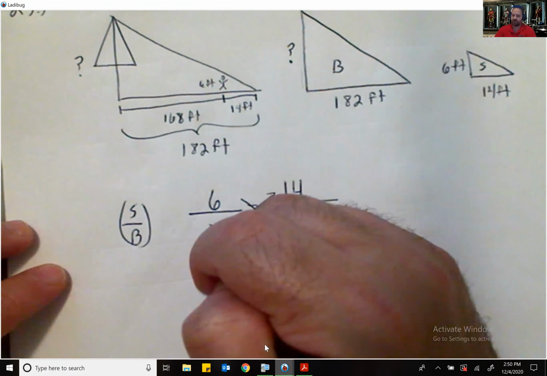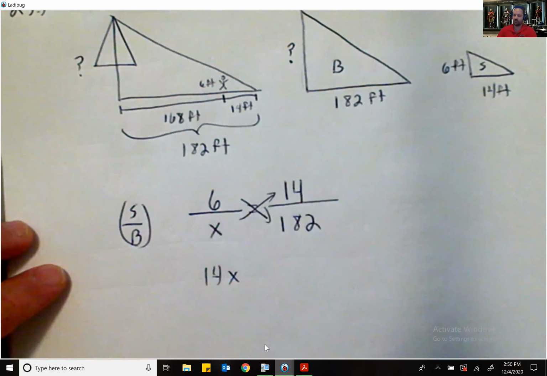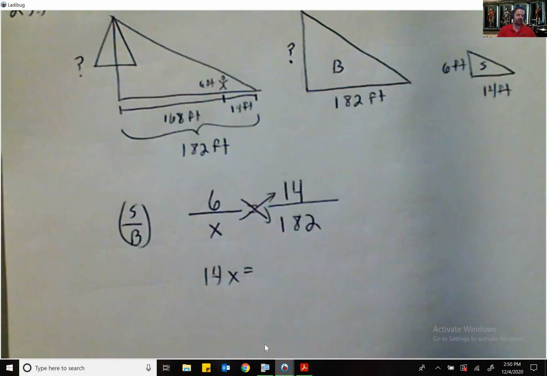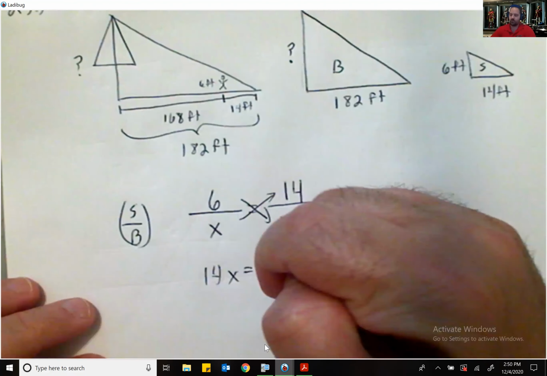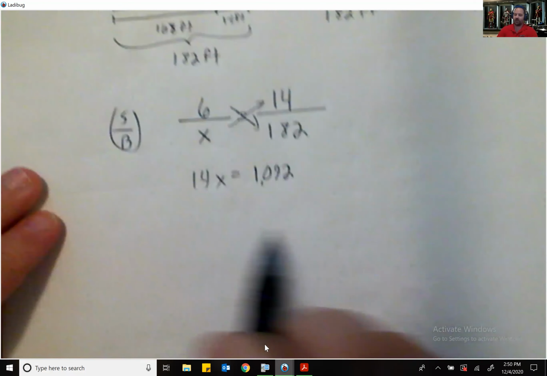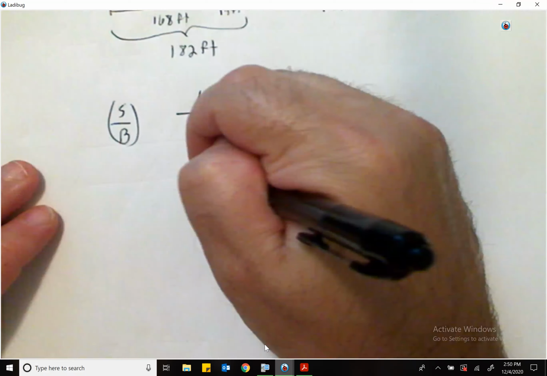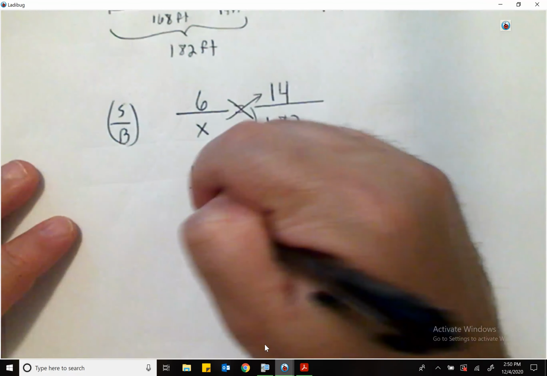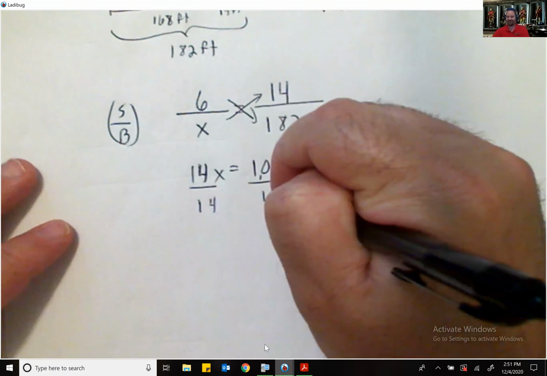So 14 times X is 14X. And 182 times 6 is 1092. So how do we get X by itself? Divide both sides by 14. You got it.